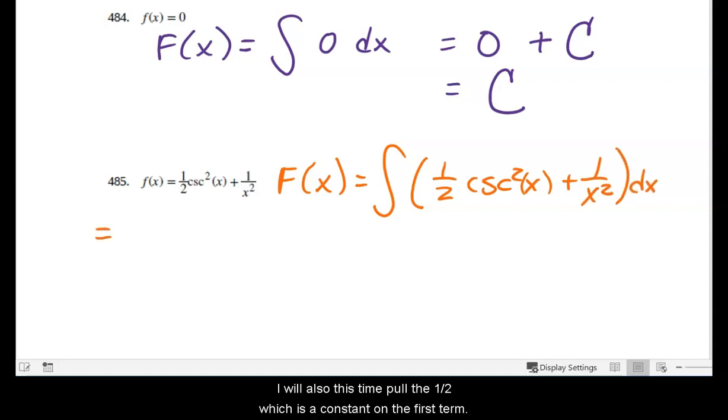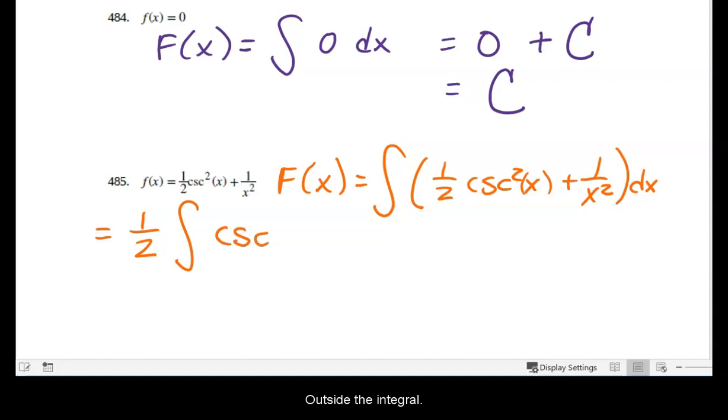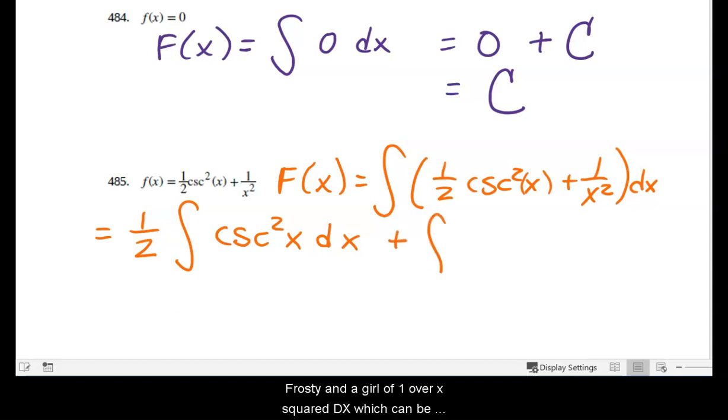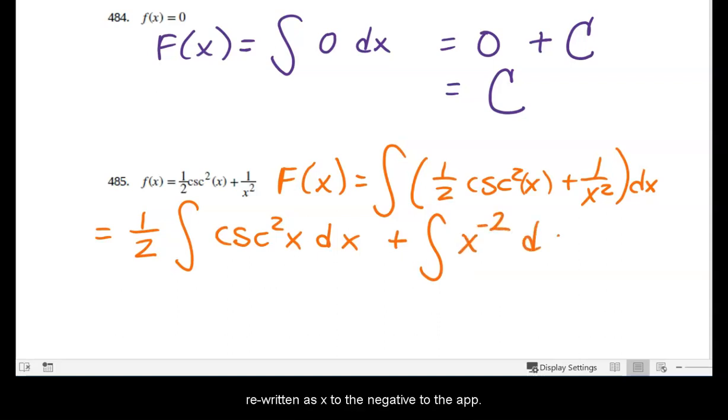I will also this time pull the 1/2, which is a constant on the first term, outside the integral. I get the integral of cosecant squared of x dx times the 1/2 plus the integral of 1 over x squared dx, which can be rewritten as x to the negative 2 dx.